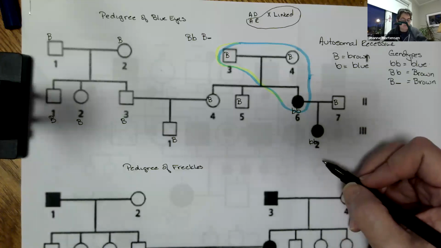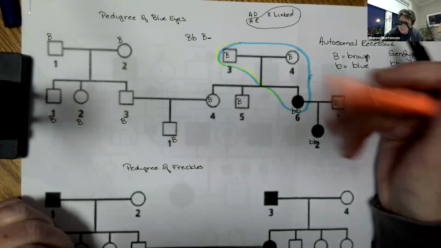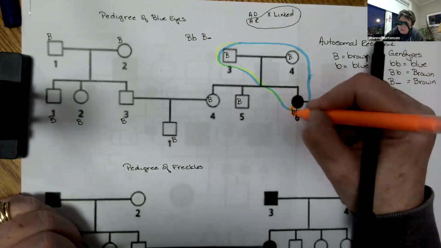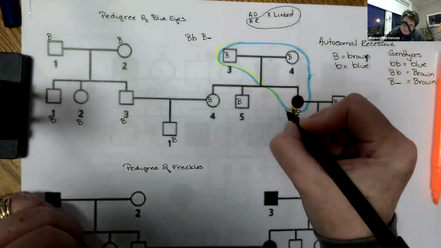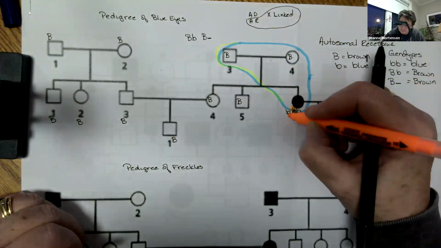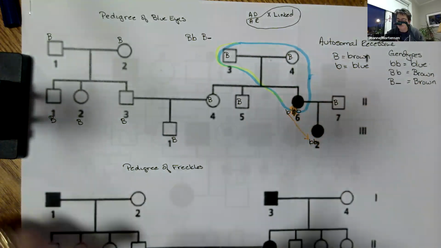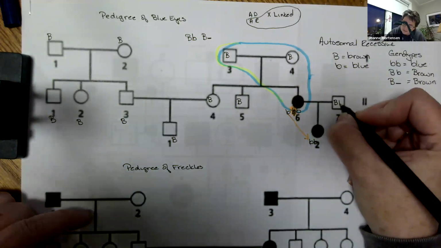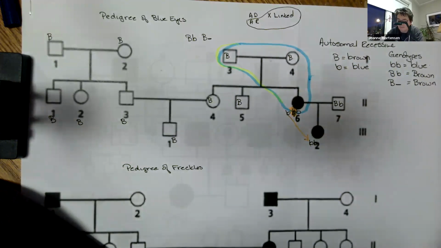One of these came from mom. So that b came from mom. The other b must have come from dad. So we can say with certainty that dad was heterozygous.